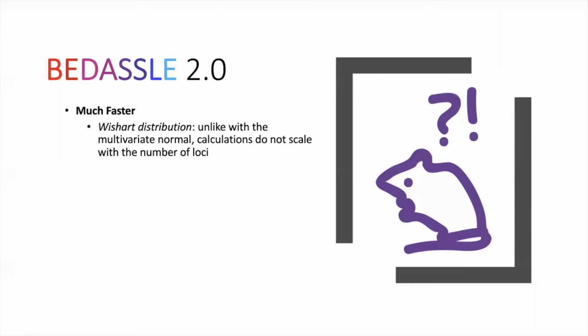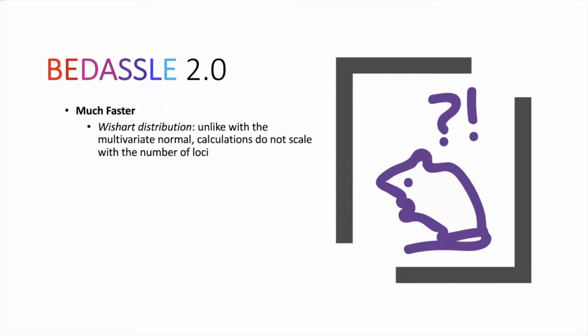So why do we need BEDASSLE 2.0, and what are the advantages of it over the original BEDASSLE that's been used in the past? So it's much faster. This is in part because we're now modeling this allelic covariance between individuals using a Wishart distribution.